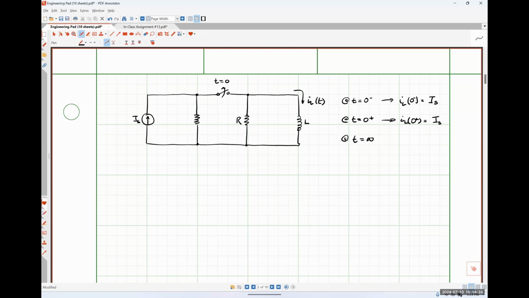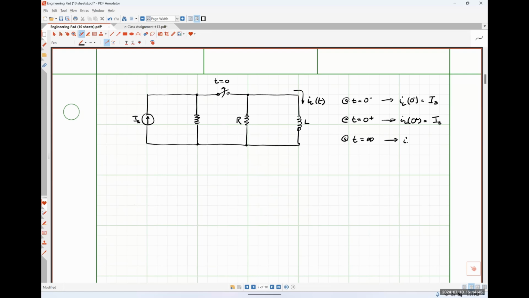at t equals infinity. So this represents a point in time very long after our switch is opened, and we are assuming that all of the energy that was stored by the inductor has been converted into heat by our resistor.